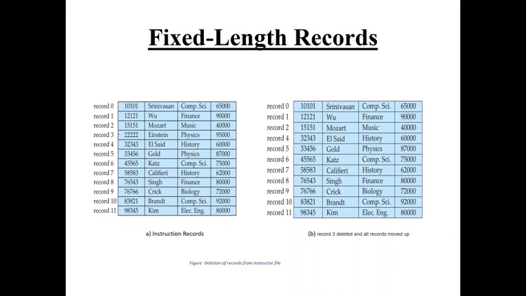If I delete record number 3, we have to move all the records from 4 to 11 up to occupy the empty space left by the deleted record. You can see there is no record 3 and all the other records have moved up. This is one way to manage after deleting a record in a fixed length record system.